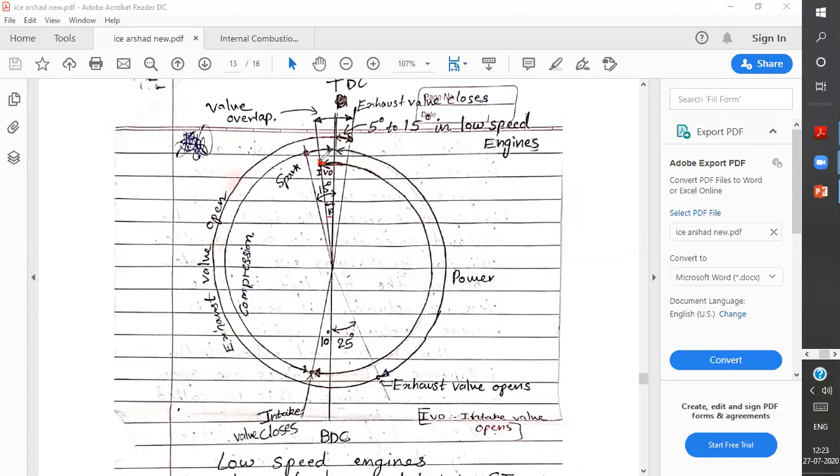All of you know the cycle keeps repeating: intake, compression, power, exhaust, intake, compression, power, exhaust.